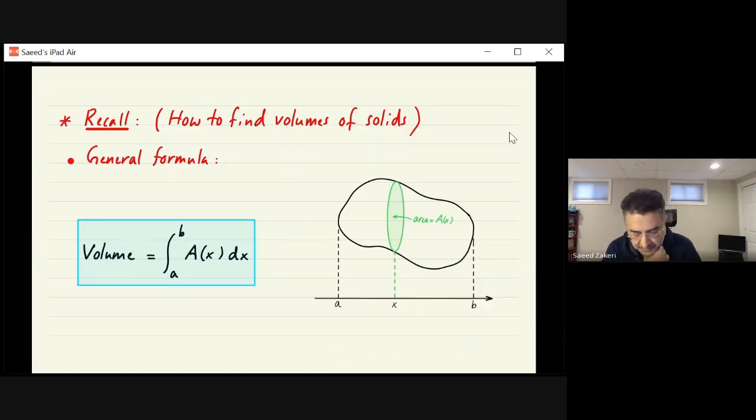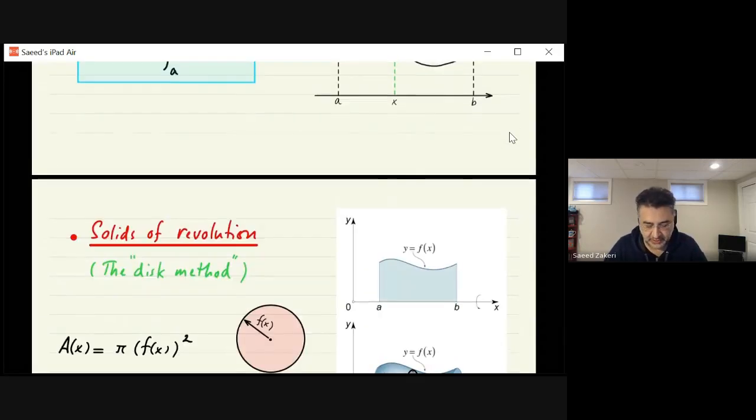I want you to realize that this formula applies to any solid, whether it's a solid of revolution or not. But in the very special case that your solid is obtained by revolving a region around some axis, this general formula takes a special form. And that's what we also discussed last time.